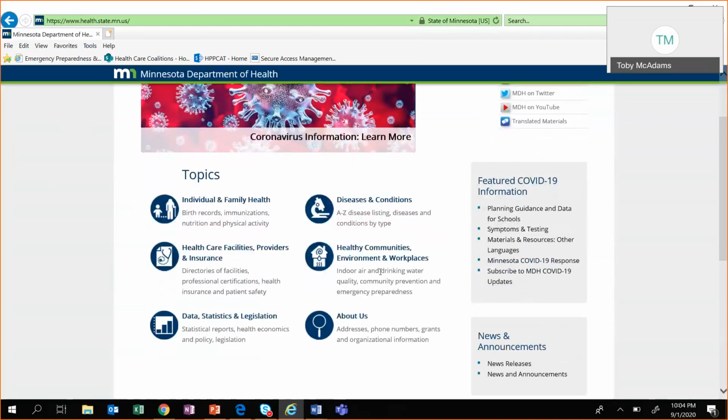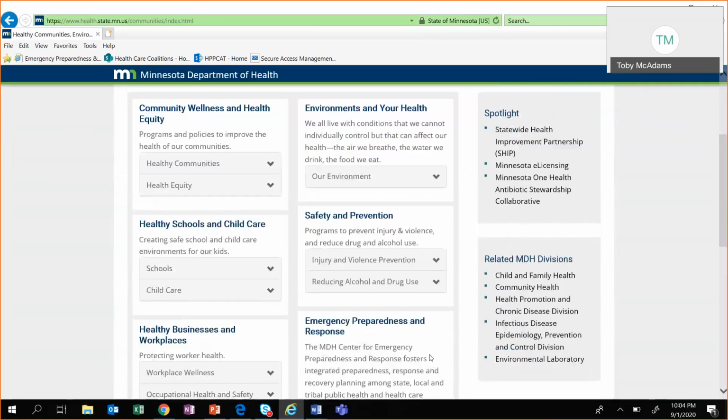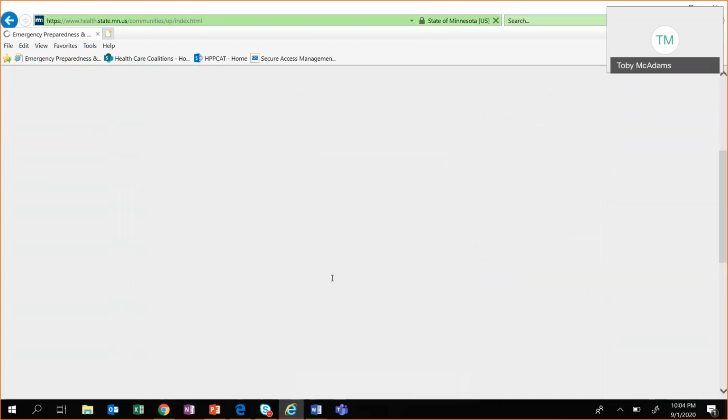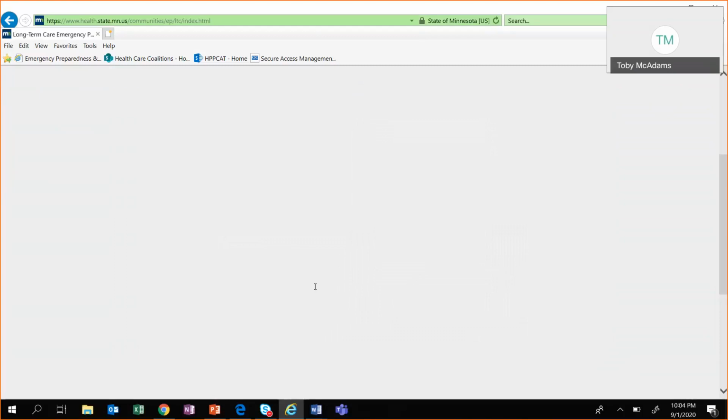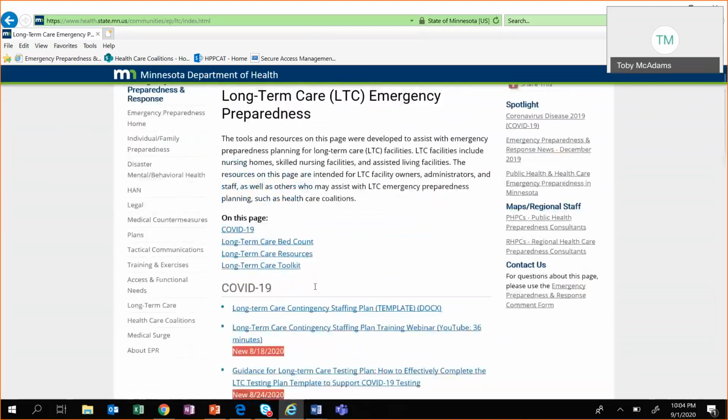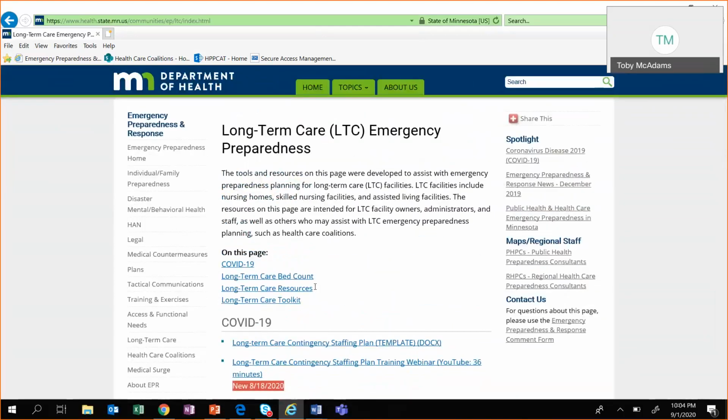And you will go to Healthy Communities, Environment, and Workplaces, and scroll down to Emergency Preparedness and Response. Then you will go to Long-Term Care Preparedness. And this is where we have long-term care preparedness. This is our landing page.